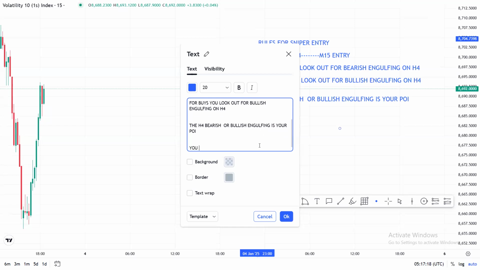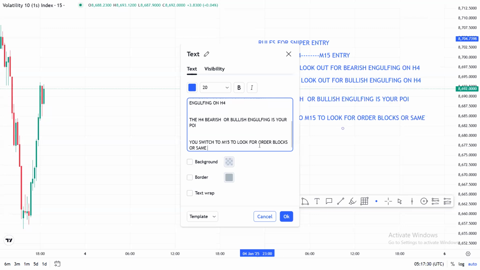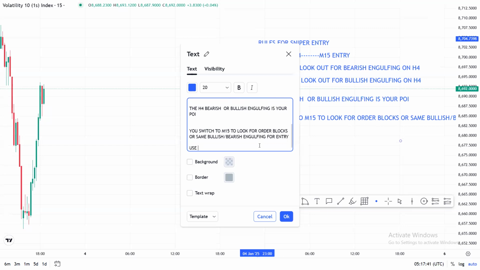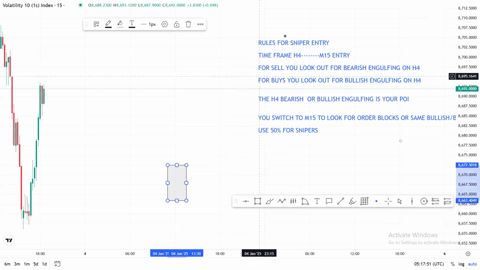You switch to M15 to look for other blocks or the same bullish or bearish engulfing for M3. Use 50% for snipers. This is all there is to know about the rules.